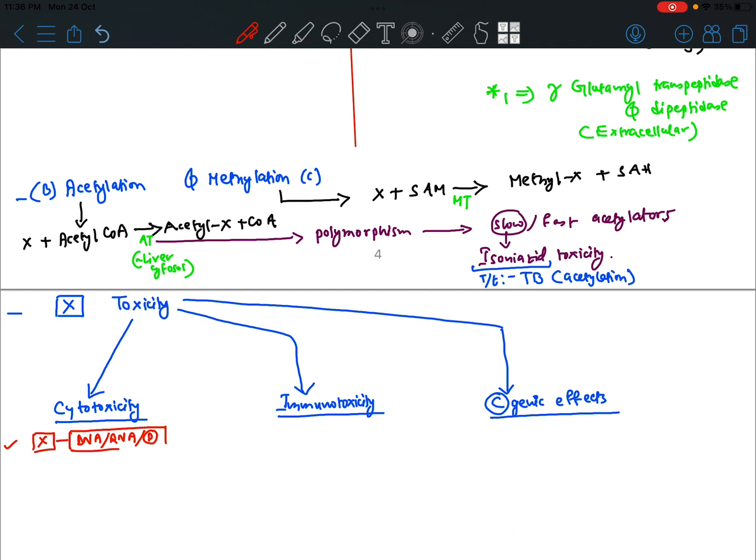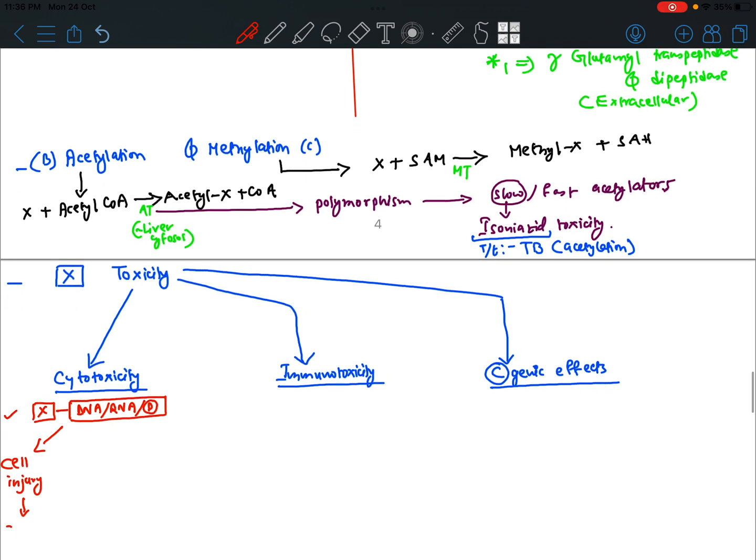This can lead to cell injury. Now this is cytotoxicity, cell injury, and if this is severe enough, it will lead to cell death, right.